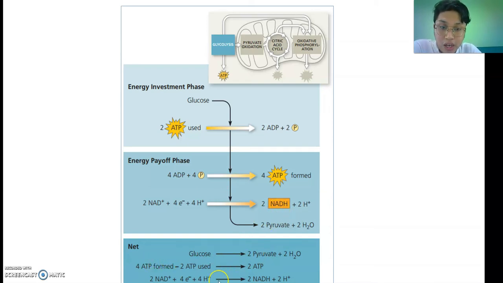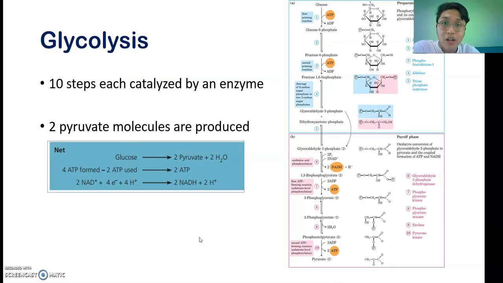So adding this together, ayun nga, dalawang pyruvate, dalawang ATP, at dalawang NADH, dalawang water from one glucose molecule, right? So this is the 10 steps for glycolysis. I am not requiring you to memorize this one. So these 10 steps are catalyzed by a unique enzyme.